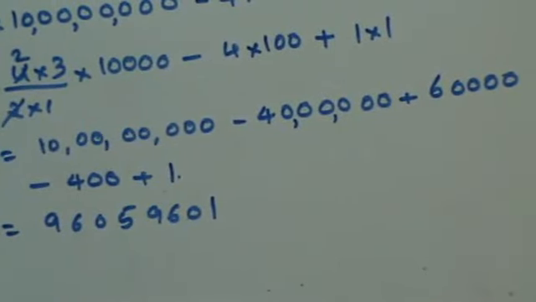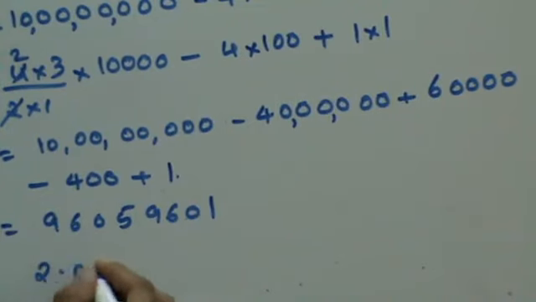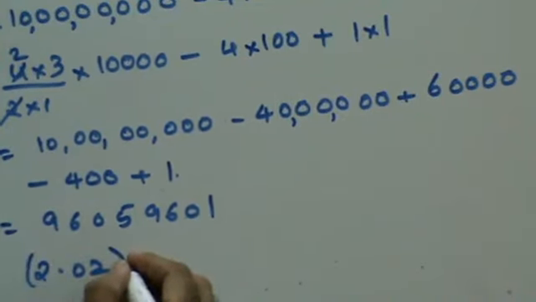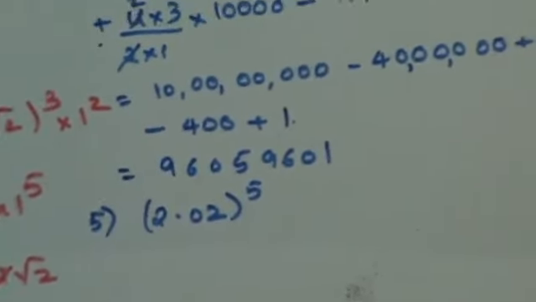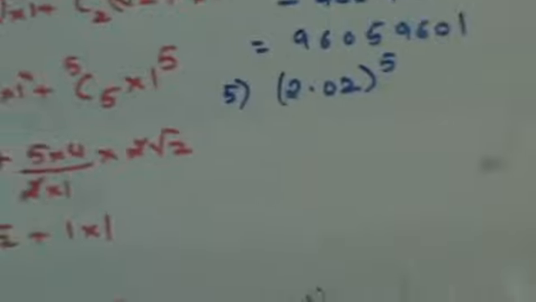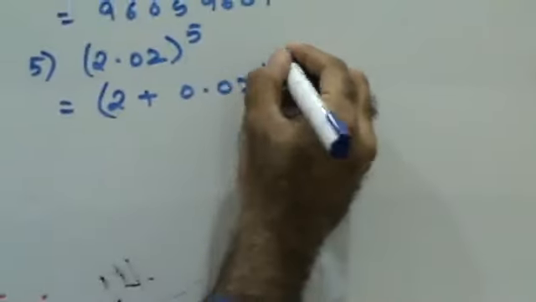I'd like to give you something like this. Try on your own: 2.02 the whole raised to 5. This should be a very interesting sum. 2.02 the whole raised to 5 can be written as 2 plus 0.02 the whole raised to 5.